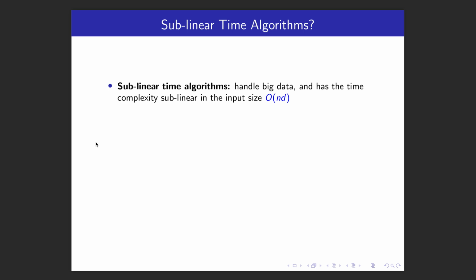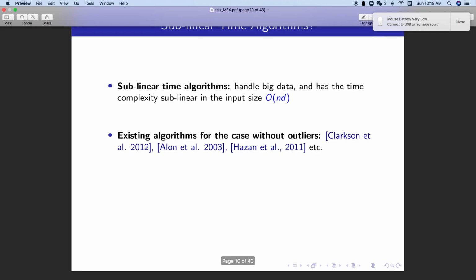So we focus on minimum enclosing ball with outliers first. We consider developing sublinear time algorithms for this problem because when we handle big data, sometimes we may be unable to read the whole data set in one pass. So we need to develop some sampling algorithm to have the complexity sublinear in the input size.